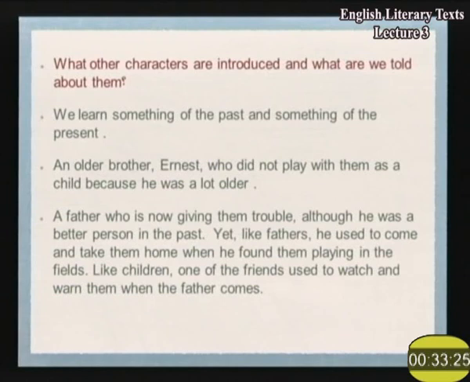And like all children, one of the friends used to watch and warn them when the father comes, so that they can run or go home first. So we have in this paragraph a description of her childhood and this feeling that this is over and what is good about it is over.